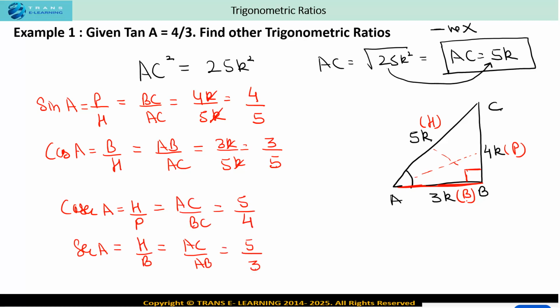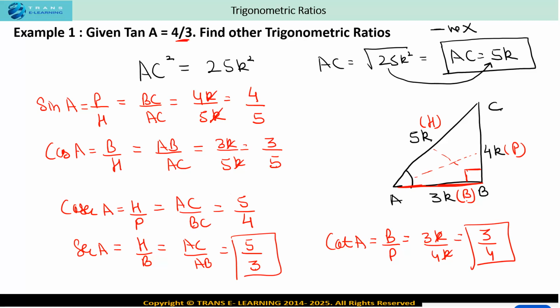And the reciprocal of the tan A is the cot A. So here tan A is given as 4 upon 3. You can write down the value, that is base upon perpendicular. So here your base is 3K and your perpendicular is 4K. That is 3 upon 4. So these are the five trigonometric values.